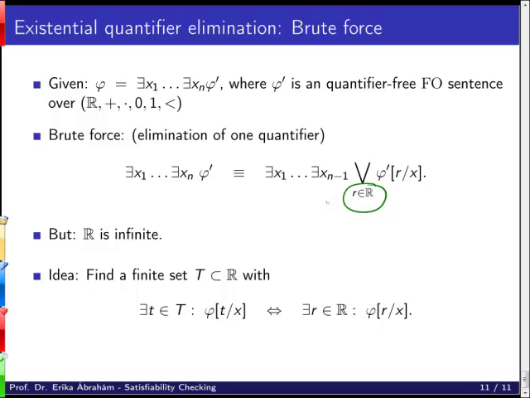And the basic idea is, as I told you, finite zeros partition the state space into finite regions. If you take then the values from each region, you take one value, and then you cover all solutions. So what I would like to have: I have a formula with a number of variables. I eliminate one of them by giving an equivalent formula where I have a disjunction of finitely many cases.